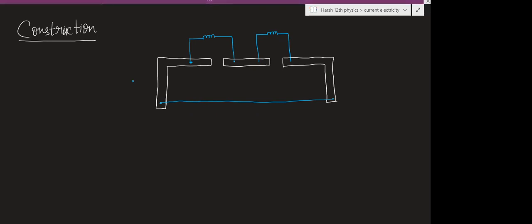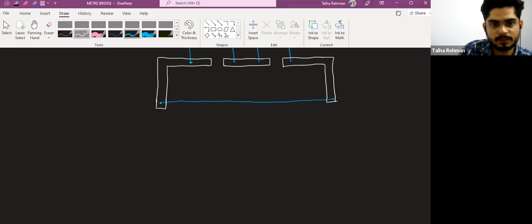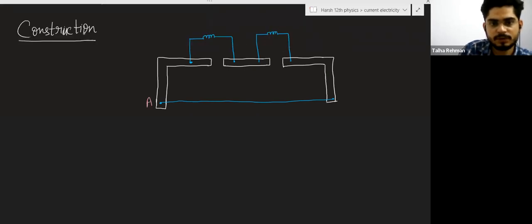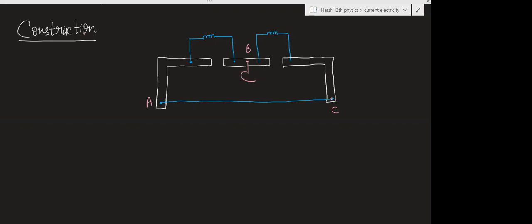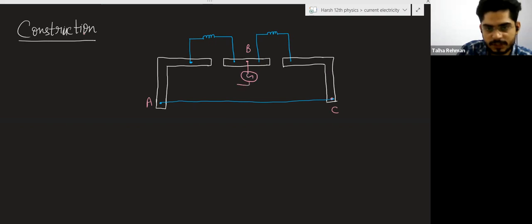I am supposing this point as point A, this point as point B, and this point as point C. Just see this. Here we will have a galvanometer, and this galvanometer is connected with a jockey.